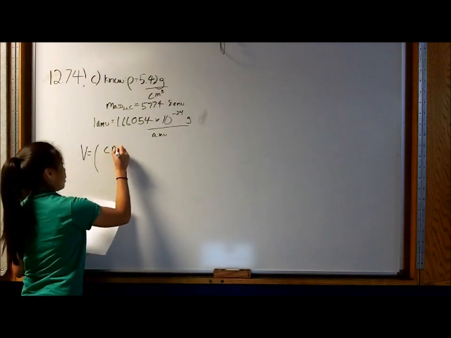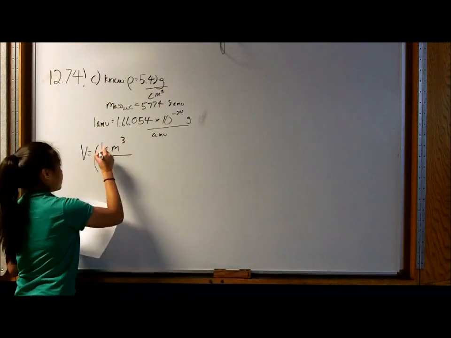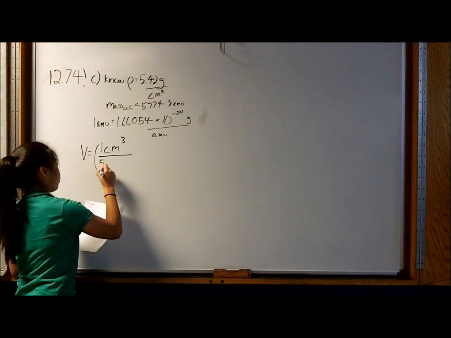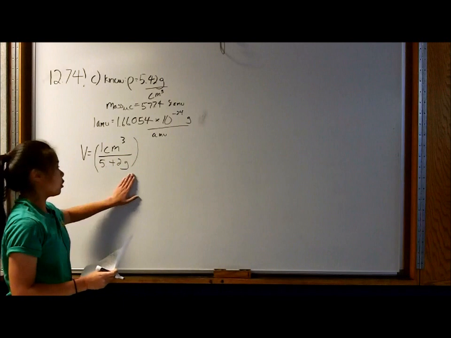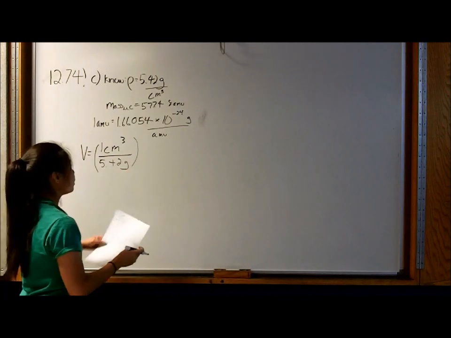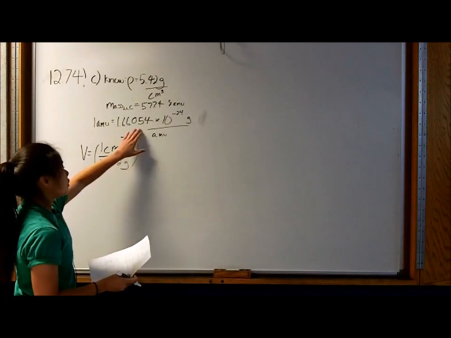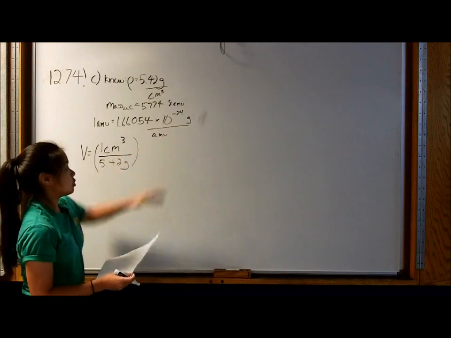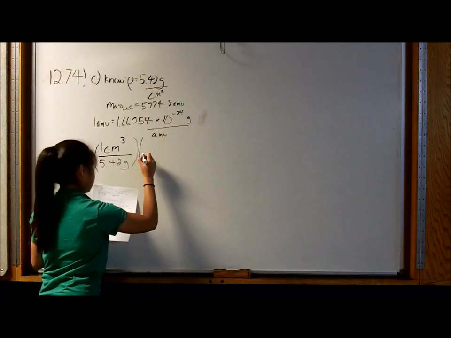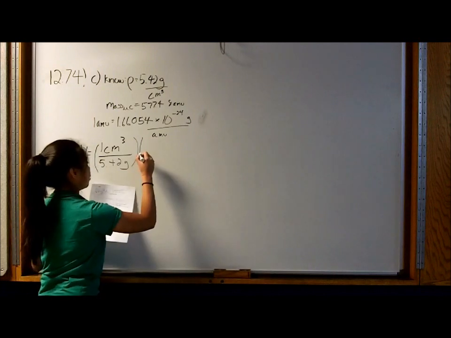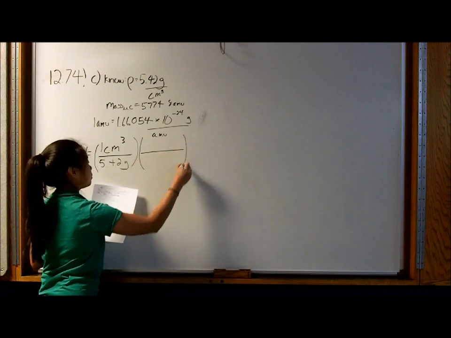So now you get 1 centimeter cubed over 5.42 grams. And now I want to cancel out the grams, right? So I know the conversion from grams to AMU.